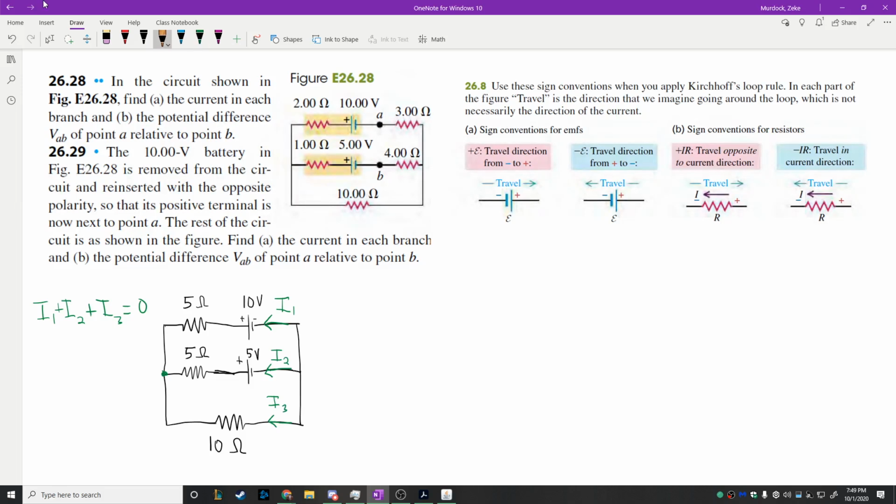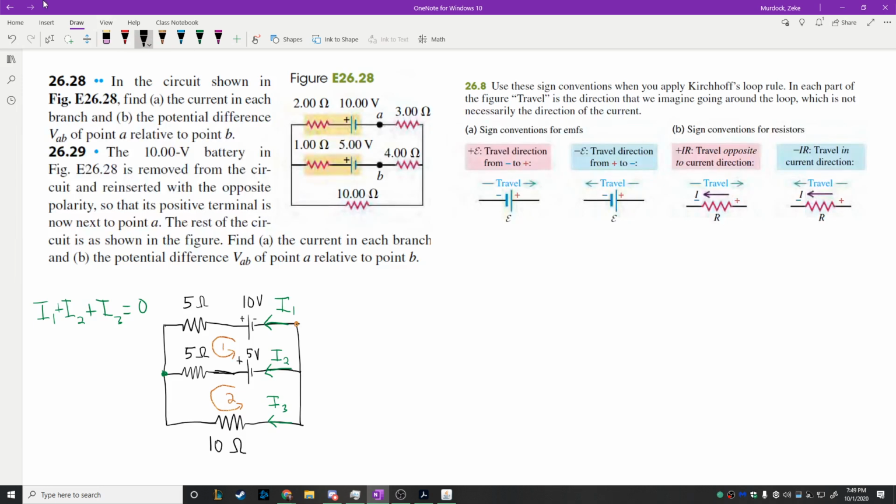For the loop rule, we'll do something similar to what we did last time. Let's start from here, and we'll go in a loop like this. That'll be loop 1, and then we'll do a loop like this, and that'll be loop 2. We'll start here. If we start at this point, then we go across the battery right here.